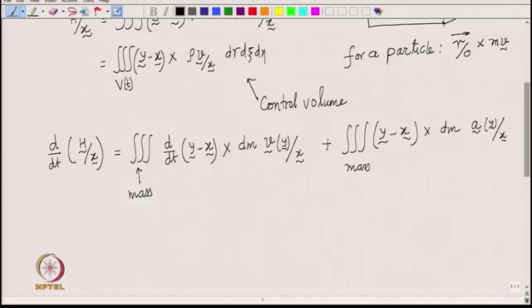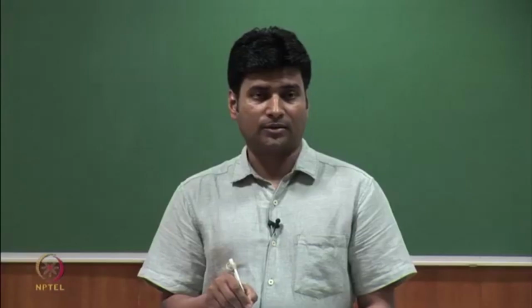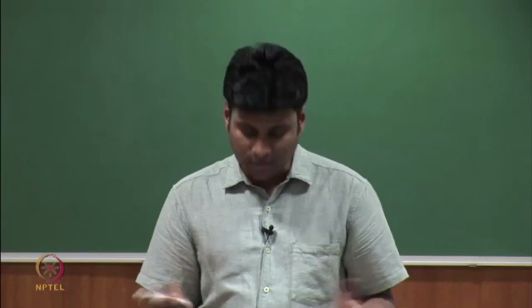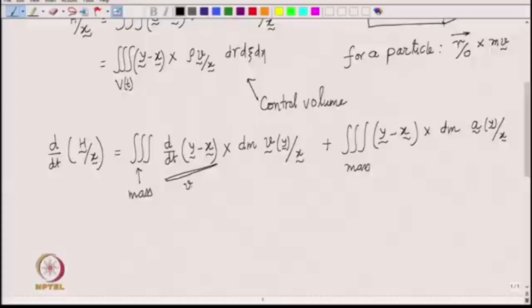And now, you have to see the first term here. This term is velocity of y minus velocity of x, which is velocity of y relative to x, and we are crossing it with velocity of y relative to x. So, it cancels.